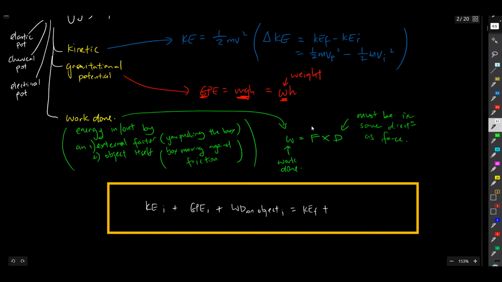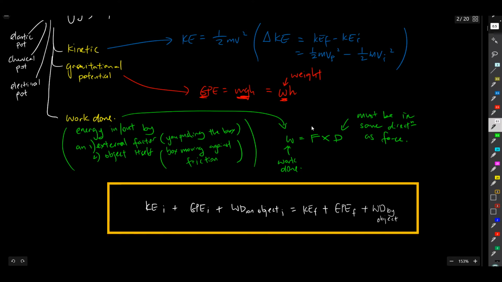If the object was not moving initially, KE initial is just 0. So just by reading the question carefully, a lot of this can become 0. If the object is moving along the same height at all times, then the GP initial and GP final is just 0 as well. And so take note what did I change.